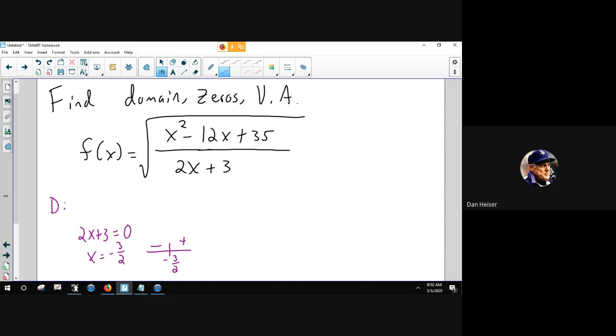So our domain is going to start at negative 3/2, not including negative 3/2, so that'll give us a 0 denominator, and going all the way to infinity. We have a vertical asymptote. X equals negative 3/2. That value cannot be used.